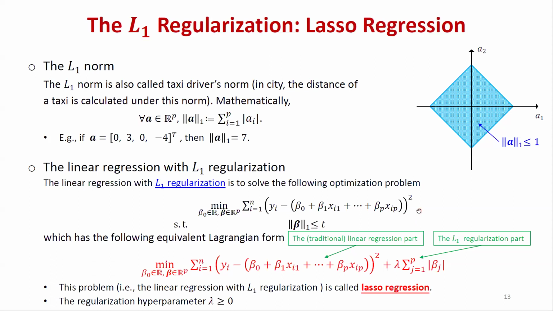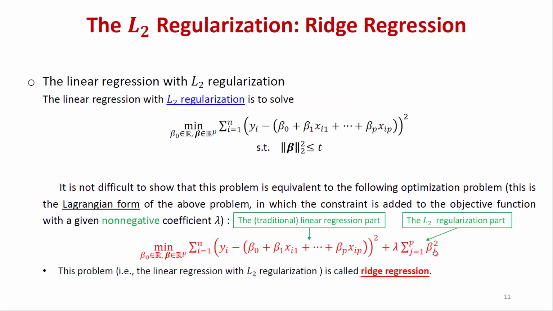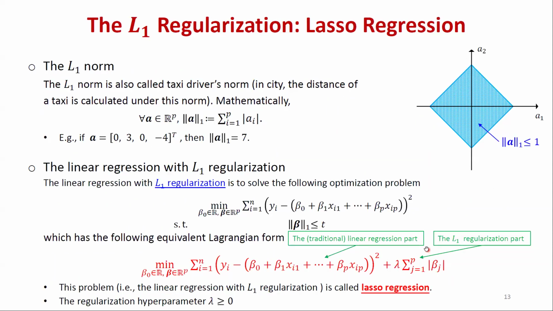I can also write the equivalent Lagrange form, which is here. In the 2 norm I have a square, in the 1 norm I have an absolute value, because of the definition of the norms. You might say, okay, great, it's called Lasso regression. Everything looks good, but what's the point? What's the difference? You have different norms.